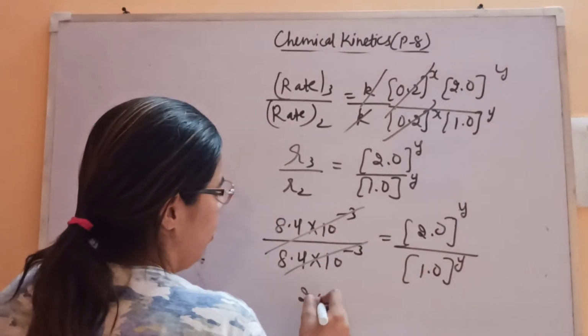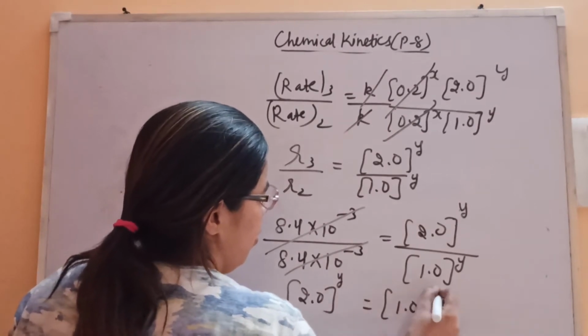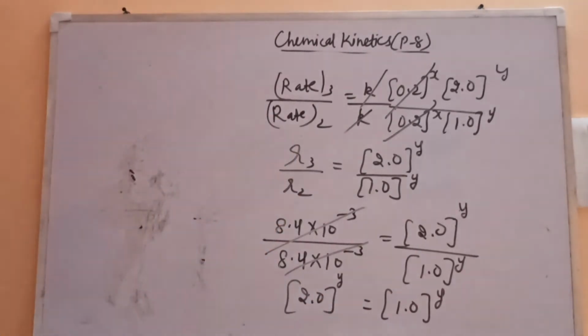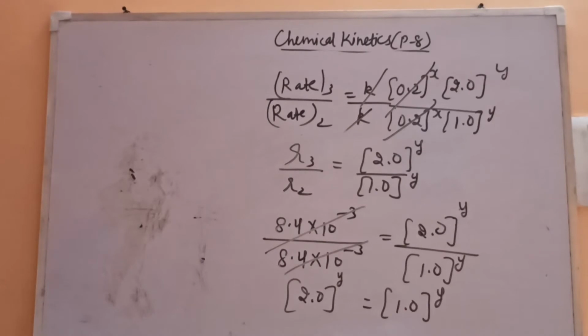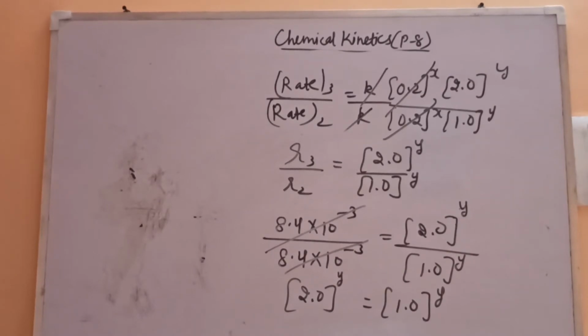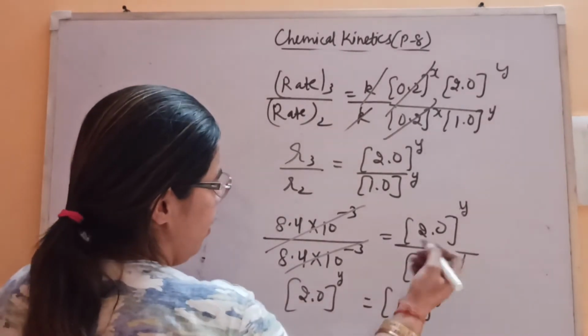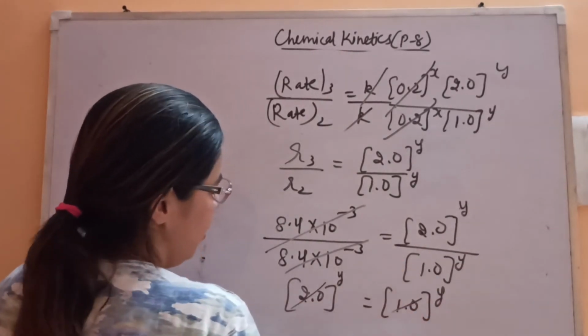Fine. So you will be left with this Y. Now the power is the same. You know how to solve the exponential part. Here the powers are the same, and one division will also get cancelled out.